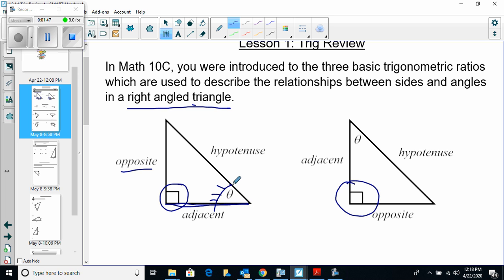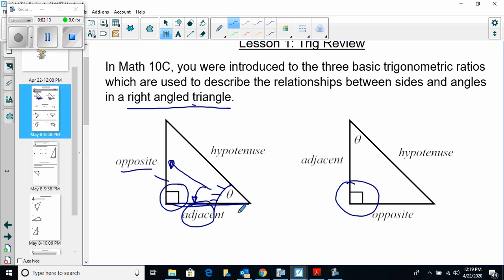It is kind of placing your eye here, and the side that your eye sees first will be the opposite side, and the side that supports the angle will be the adjacent side. And the hypotenuse is the side that never changes in the right angle triangle.